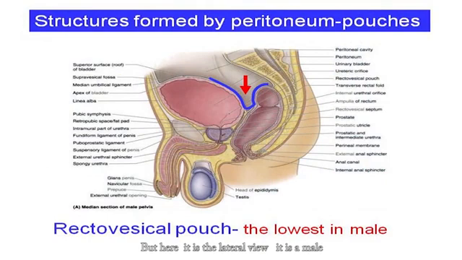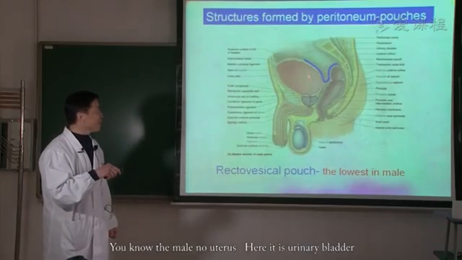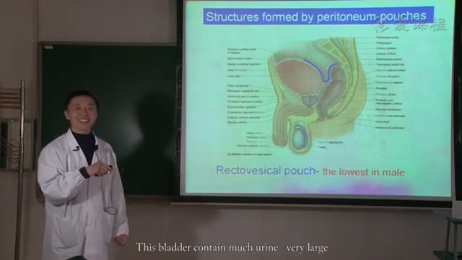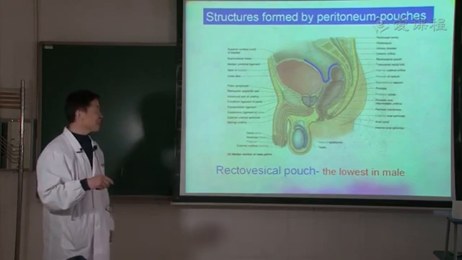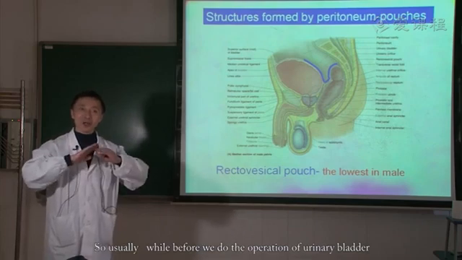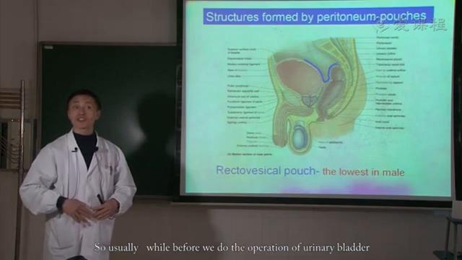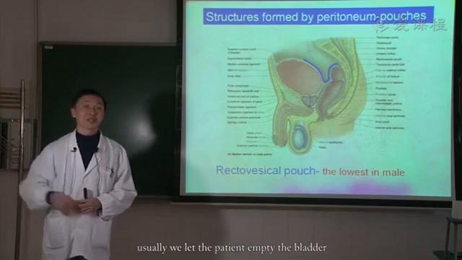But this lateral view is a male. You know, the male has no uterus, only the urinary bladder here. This bladder contains a lot of urine and is very large. So usually, before we do an operation on the urinary bladder, we let the patient empty the bladder.